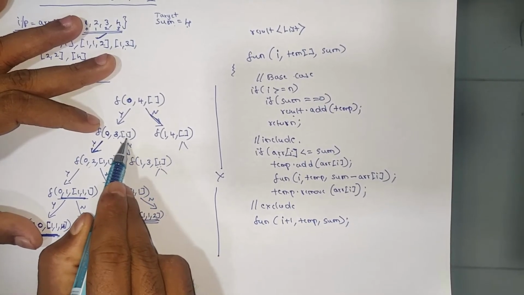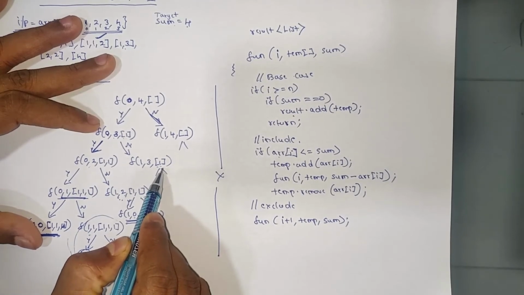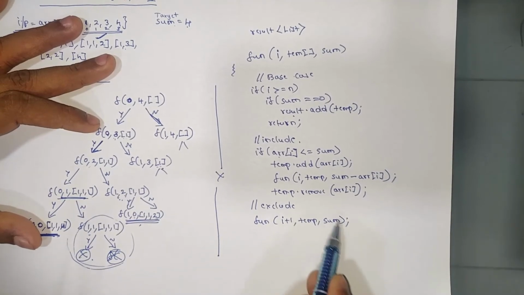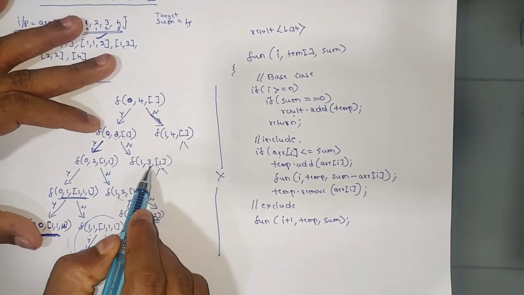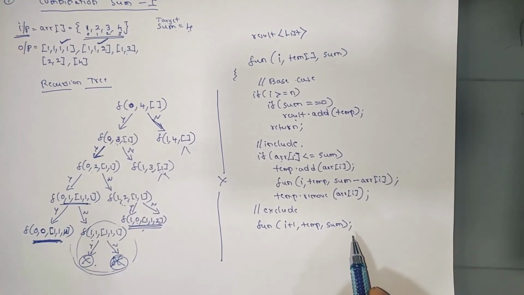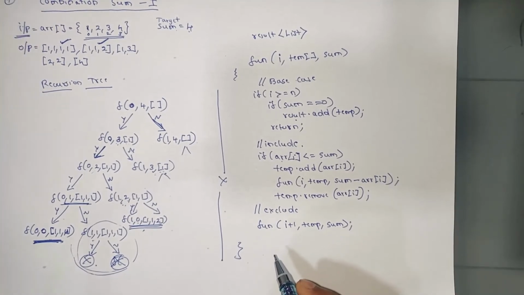This is the data structure temp, and it will remain as it is in the case of exclusion. Also your target, the sum which we are talking about here, will remain as it is. So that I have mentioned here, right? I think that's it. This should provide you the required output.